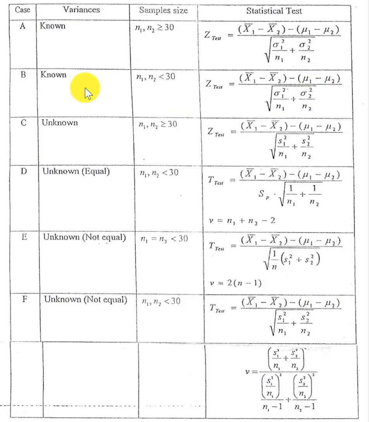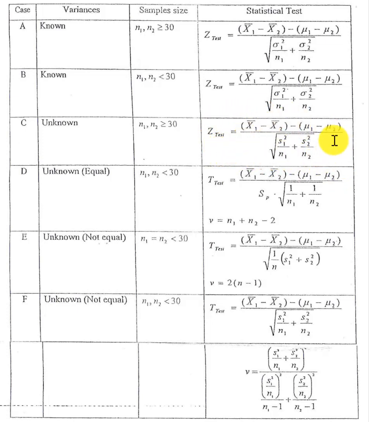For cases C, D, E, and F, the variance is unknown. For case C, the variance is unknown, but N1 and N2 are greater than or equal to 30. So if we get a question where the variance is unknown but the sample size is greater than or equal to 30, we use this formula.